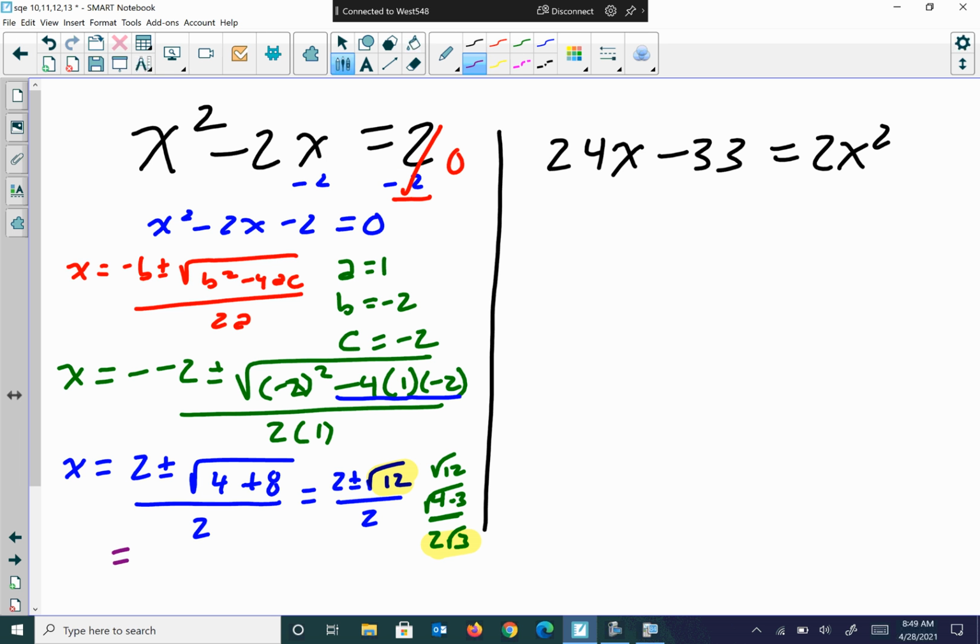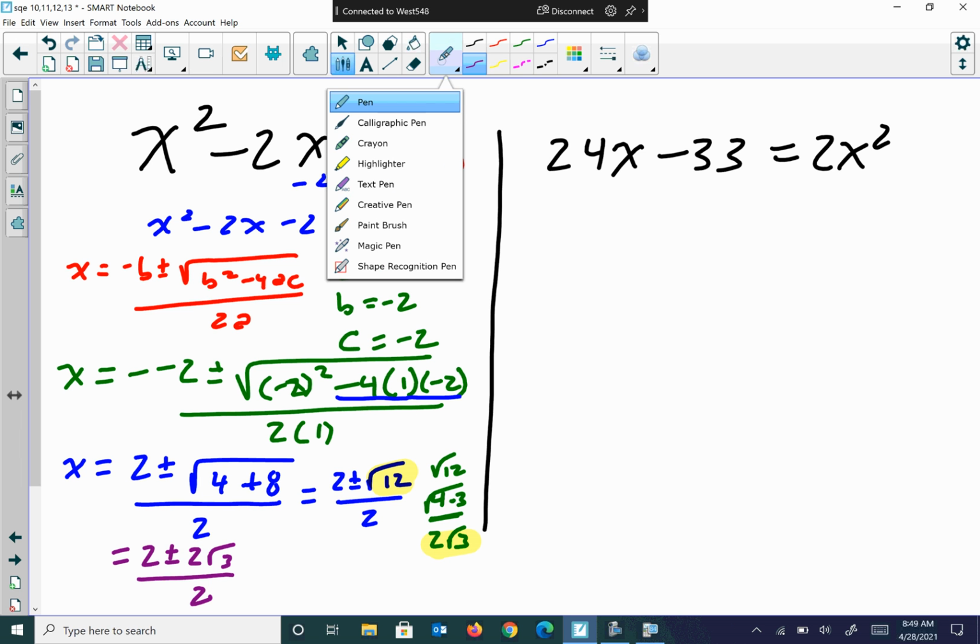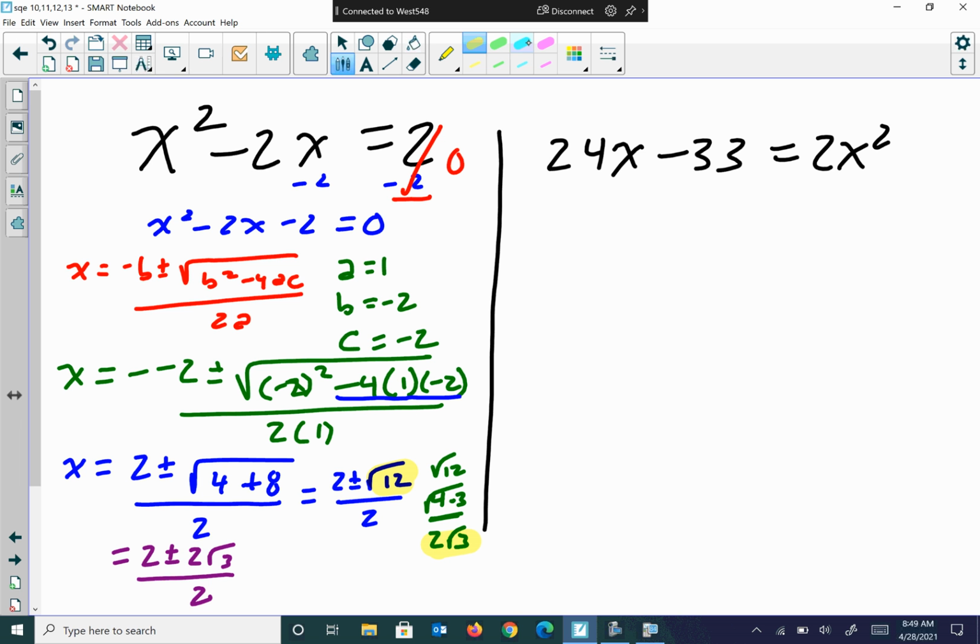So I'm still going to get 2 plus or minus, it's no longer root 12, it's 2 root 3 over 2. You just take away the 2's. Yeah, the 2's are going to go bye-bye. I got a 2, a 2, and a 2. 2 goes into itself, leaving us 1 behind. So that's a 1, that's a 1. So I wind up with 1 plus or minus square root 3. That's my answer.